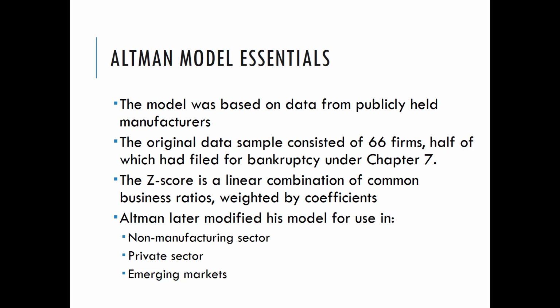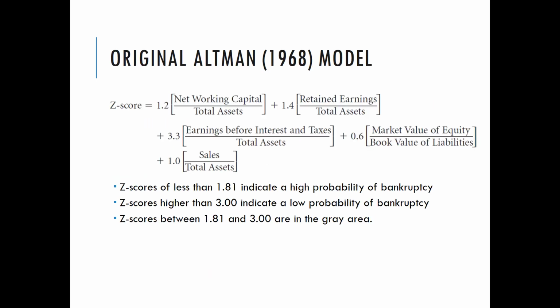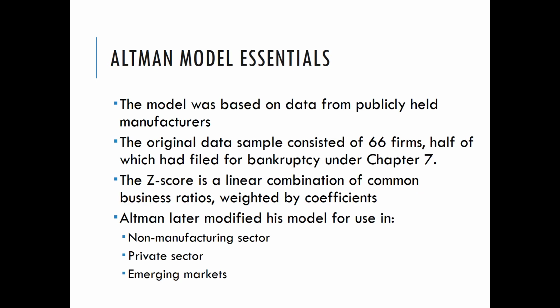So when we're looking at the Altman z-score, we need to consider that with most of these quantitative models, there are going to be some drawbacks. The drawback with this one is that it's a very, very old model from 1968. The sample of firms was US manufacturing companies, and there were only 66 firms, half of which went bankrupt and half of which did not.